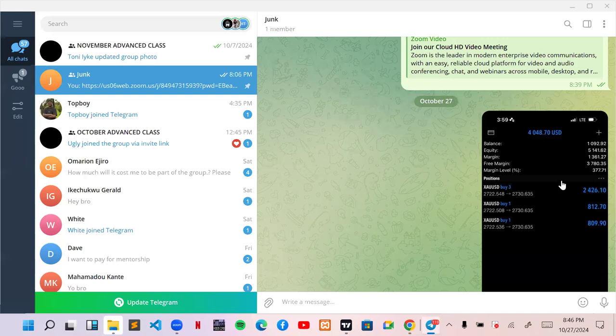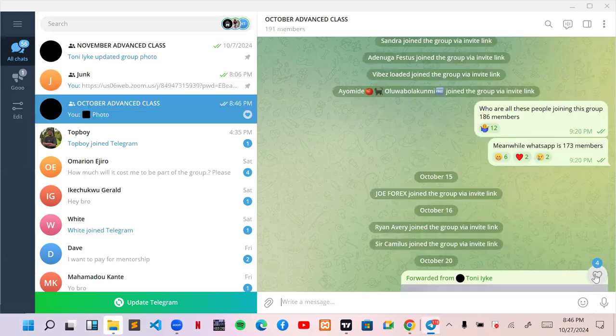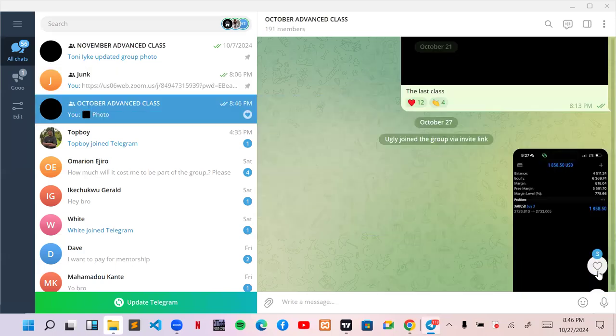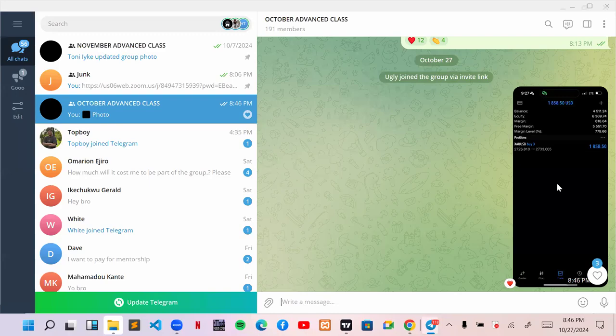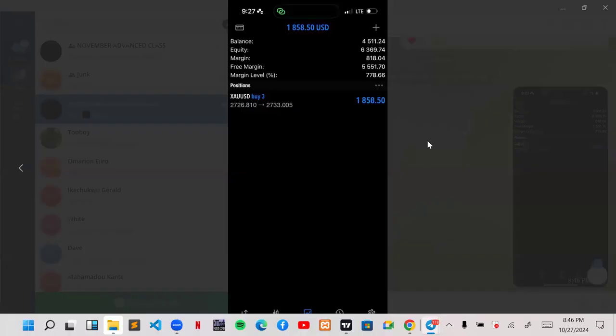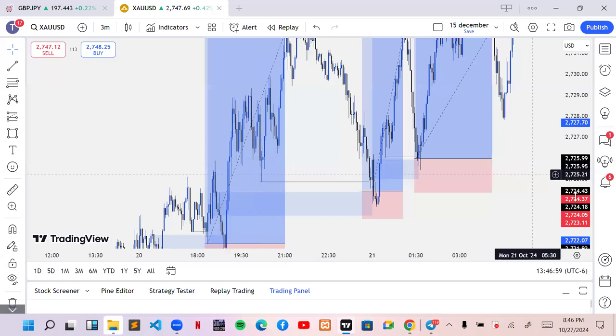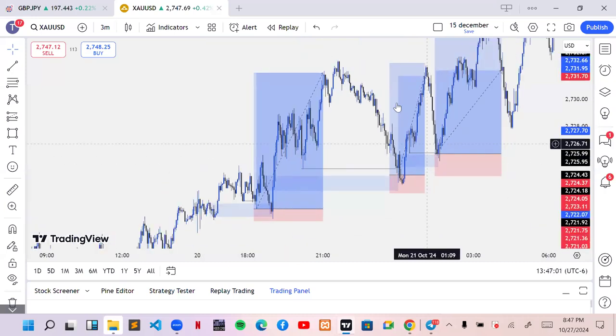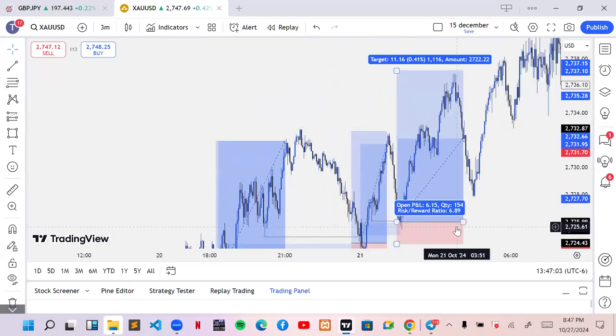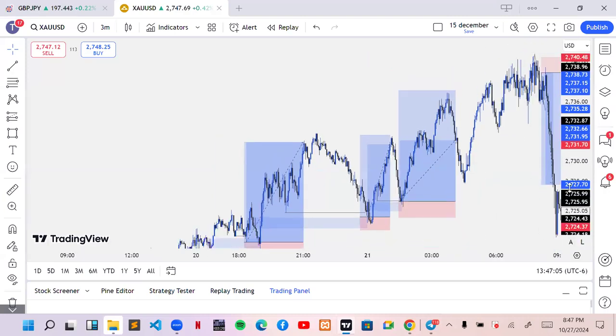Then the second buy, I don't think I analyzed the second buy. I was not active when the second buy hit, but I think it was the third buy that I caught, which is this. So this was the third buy on gold. This was that first one that I showed. And this one I was sleeping when it triggered. Then I took this one. So that was just it.